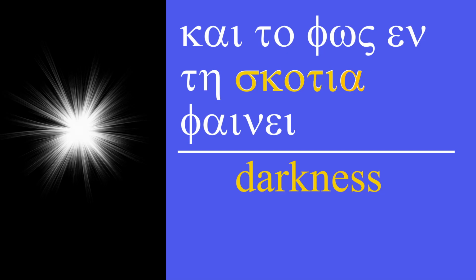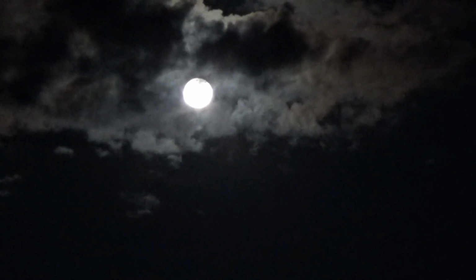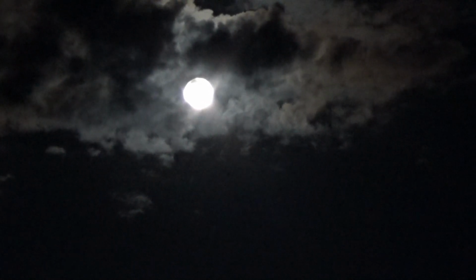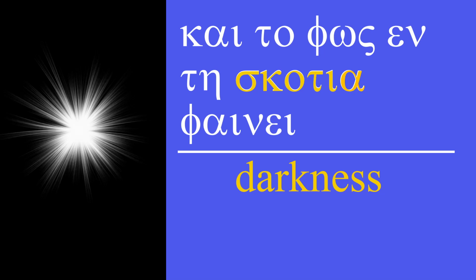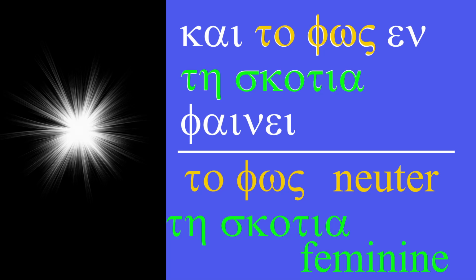One method is to think of an image that corresponds to the word. With skotia, I think of a dark rain cloud in Scotland. Scotia for Scotland. The article the always agrees with the gender of the noun that it is attached to. So we have in this sentence a neuter article noun agreement in to phos and a feminine agreement with ti skotia.